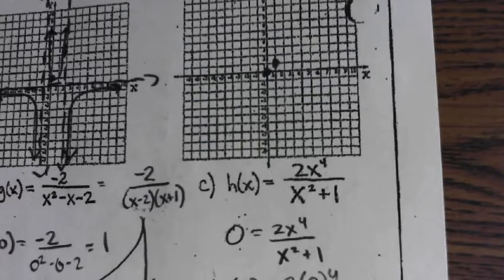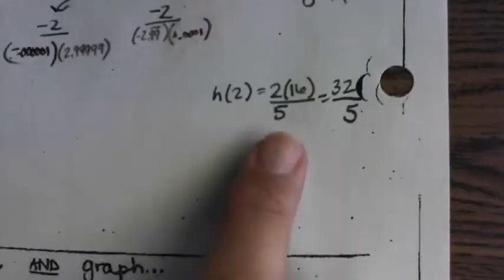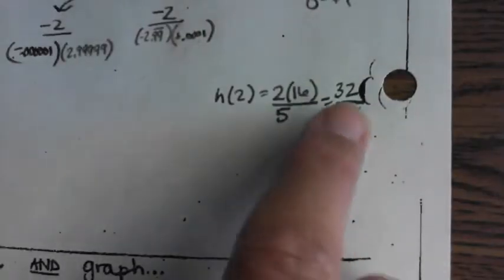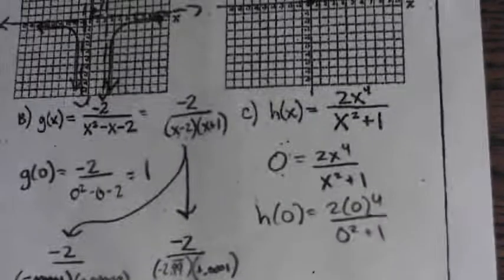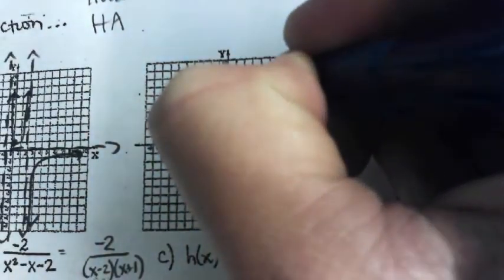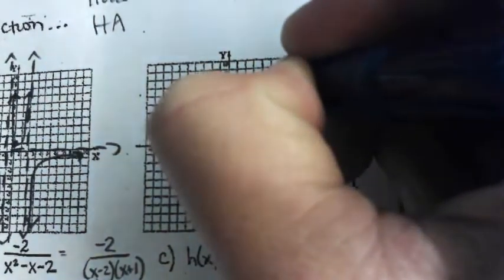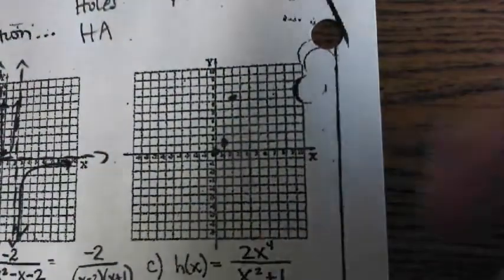You don't have a calculator, do you? No, I did that in my head. So you get 32 fifths. 5 goes into 32 6 times with 2 fifths left over. 6 and 2 fifths is 6.4. So 2 and then 6.4. All right, so we get the idea.